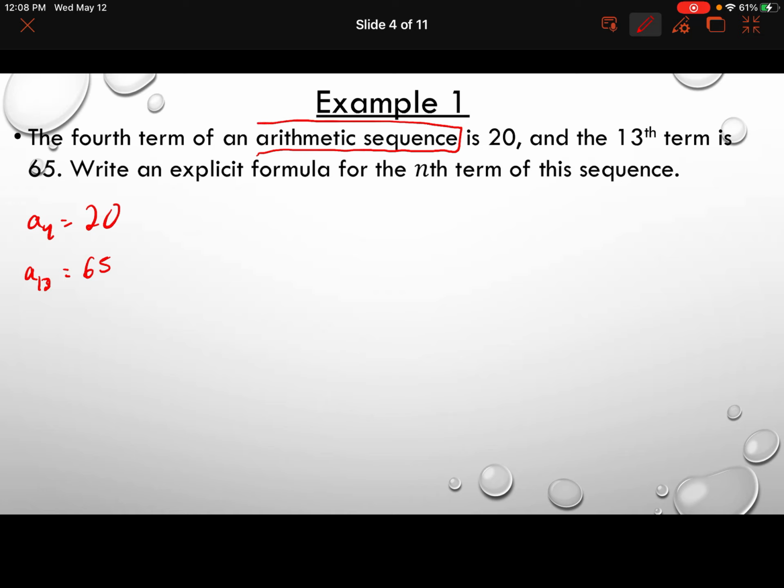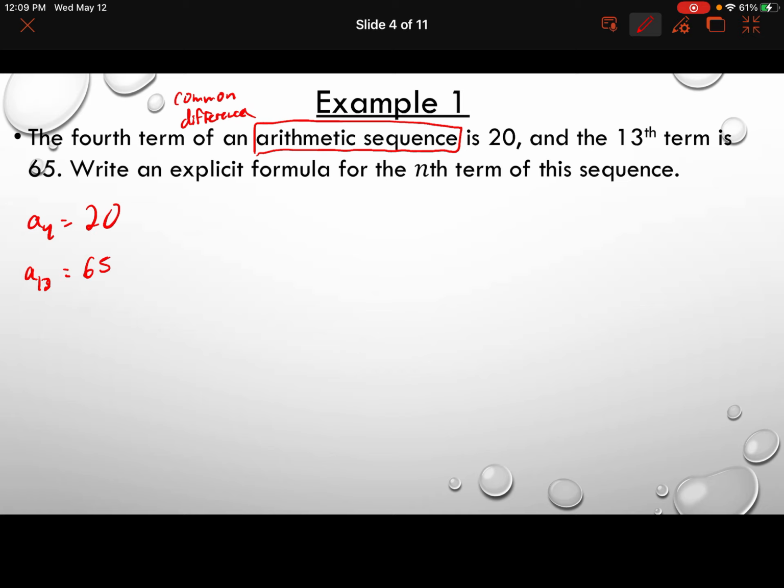Well, it's important to remember what an arithmetic sequence is, as we just talked about in the previous slide. An arithmetic sequence has a common difference. The difference is always the same. It's constant. You're always adding or subtracting the same amount every single time when moving from one term to the next.